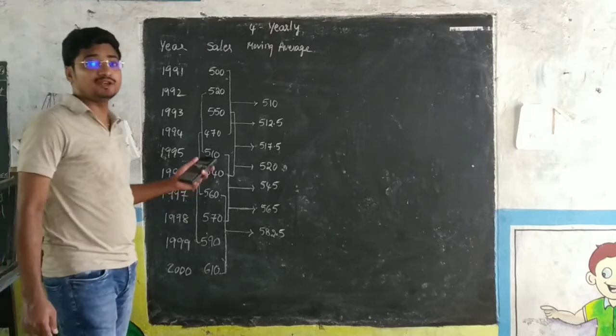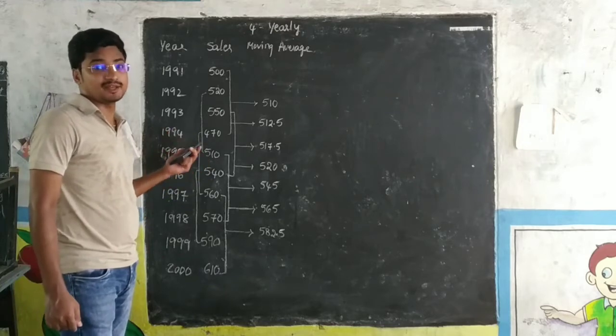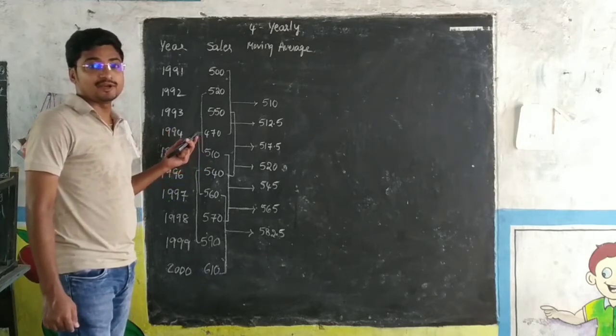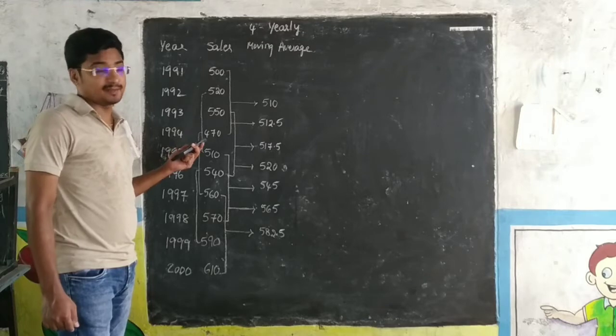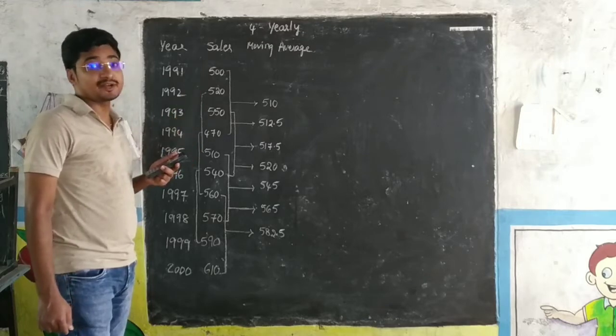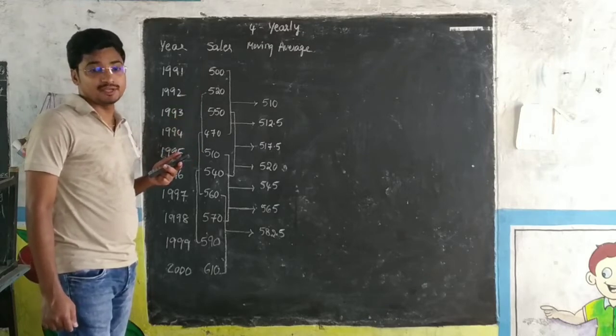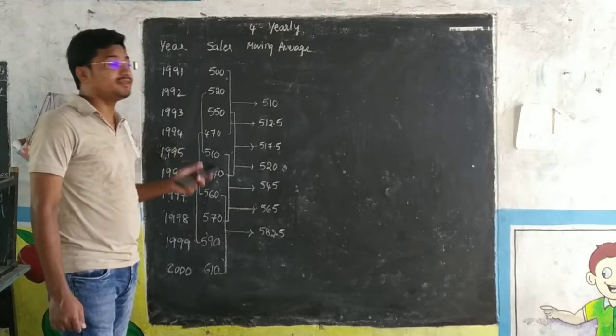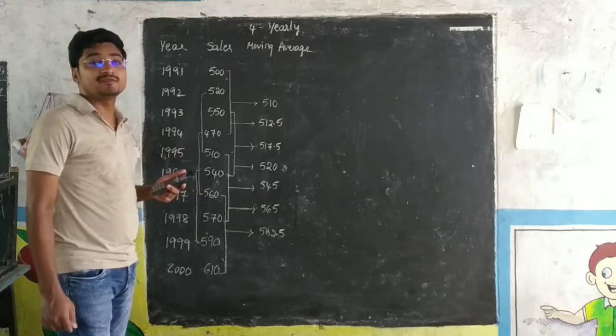Actually, a trend value will coincide with a particular year, but in even yearly moving average the trend value does not coincide with a particular year.